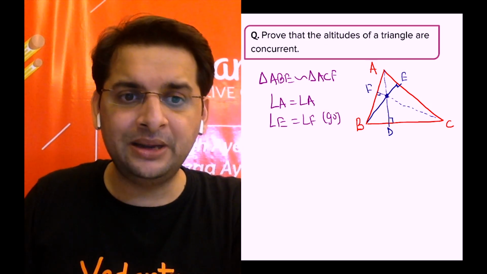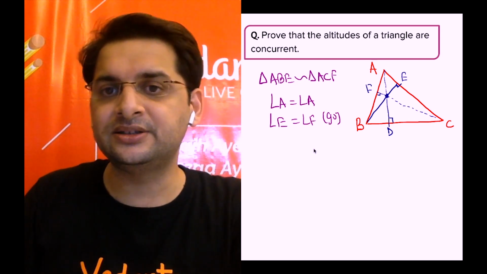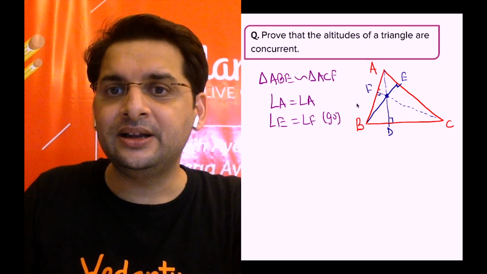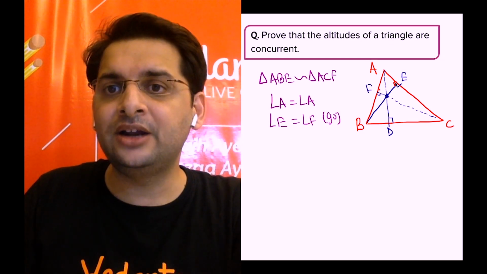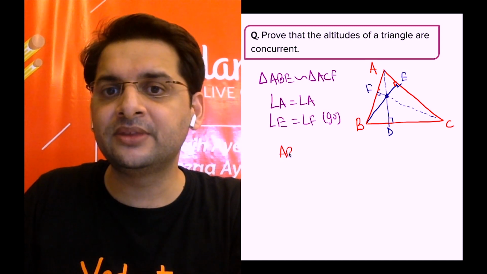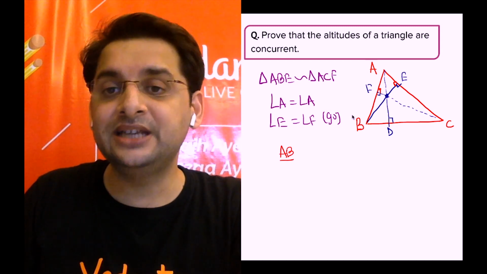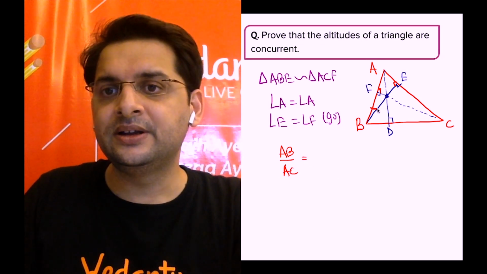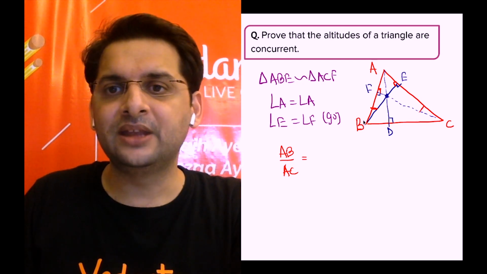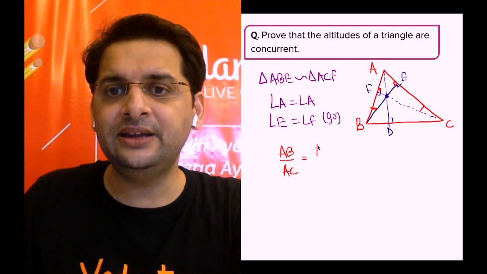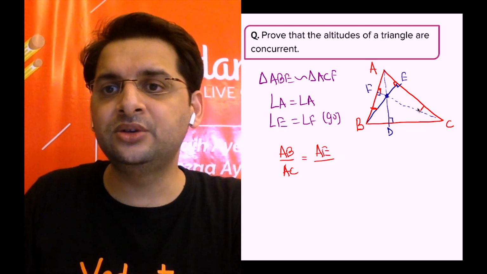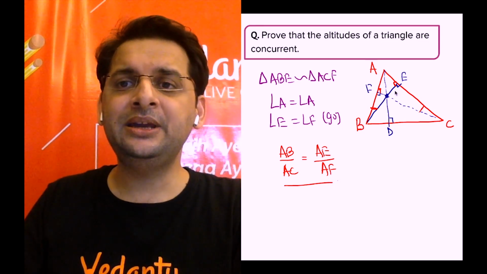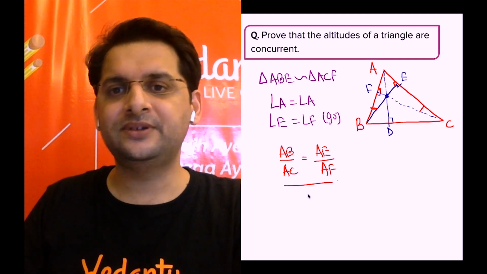So that means if we compare the ratios of sides opposite to the common angles, in triangle ABE, the side opposite to 90 degrees is AB, and in ACF, the side opposite to 90 degrees is AC, and opposite to B is AE and opposite to C is AF. So simple. AB upon AC is AE upon AF.